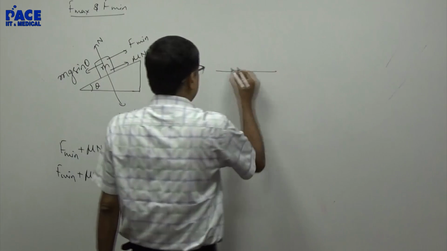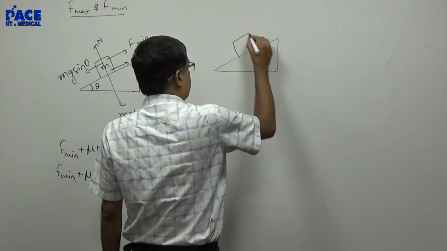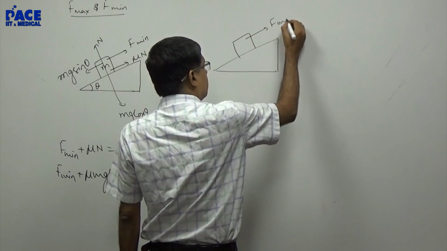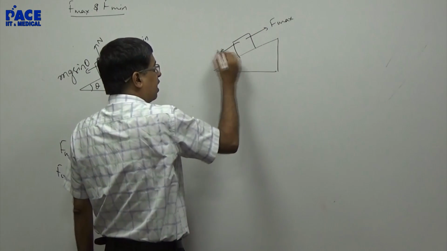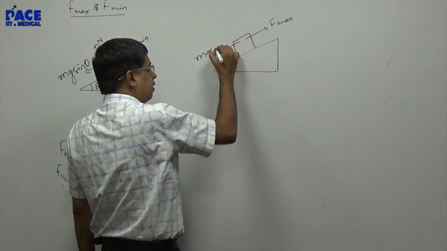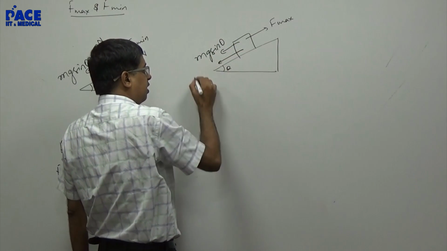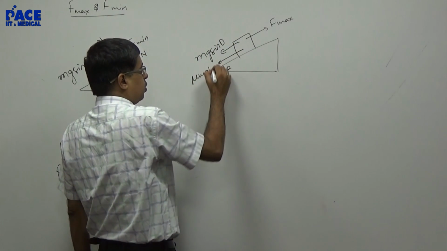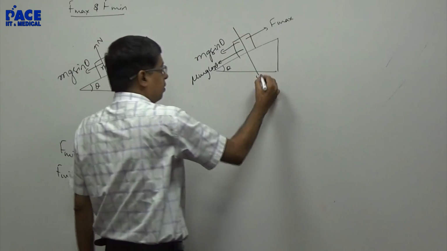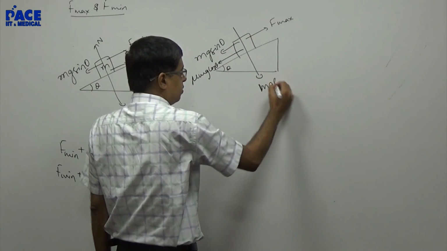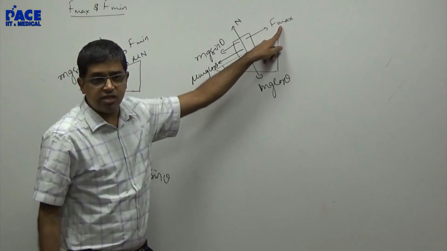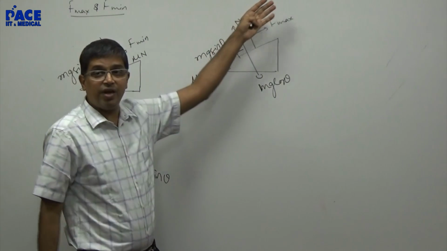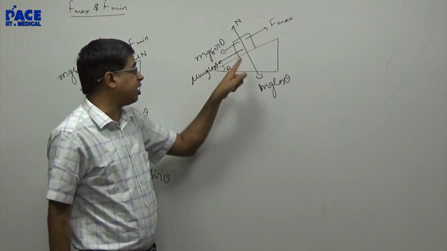Contrary to this, if I take the block and F maximum, now because of F maximum the block has a tendency to slide in the upward direction. This is mg sin theta, this is mu mg cos theta, because this will be mg cos theta, this will be N. Now as I am increasing the force, the body will have a tendency to slide in the upward direction.